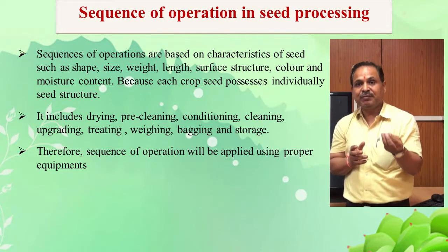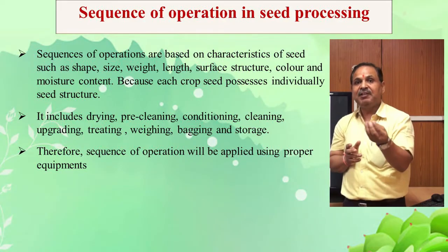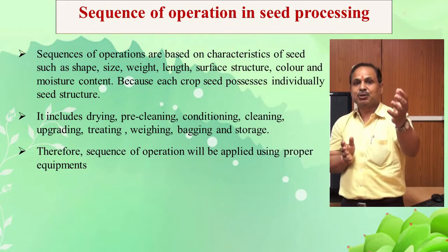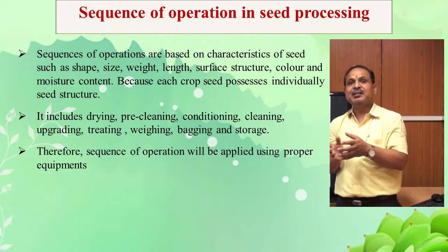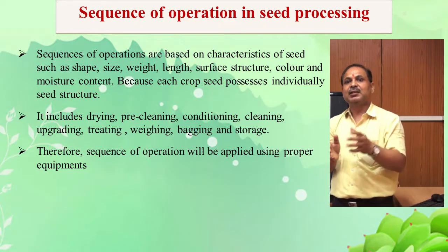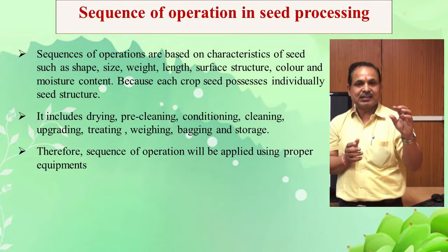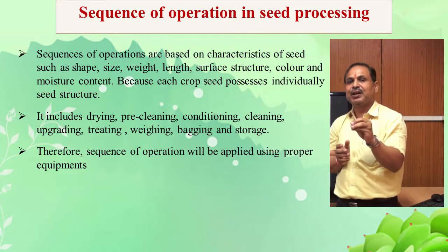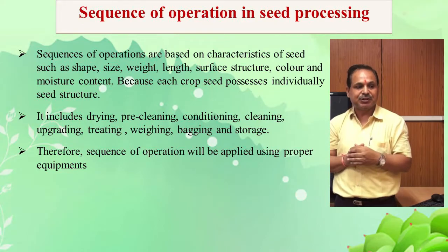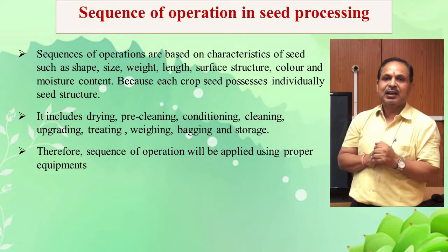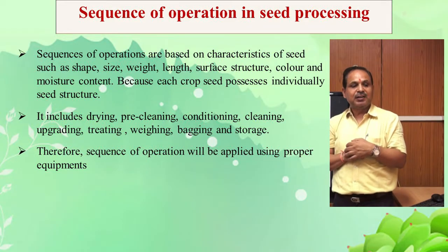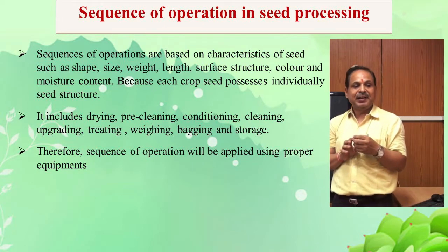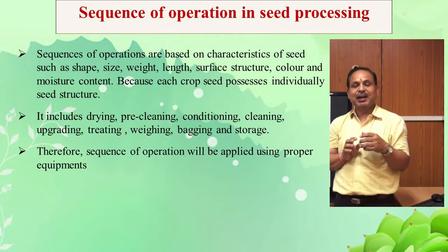Like in case of soybean, we have different colors of the seeds, and if we compare the seeds of soybean and maize, they differ in their size. So we have to take care of these components of quality seeds during seed processing. Seed processing includes drying, pre-cleaning, conditioning, cleaning, upgrading, treatment, weighing, bagging and storage.